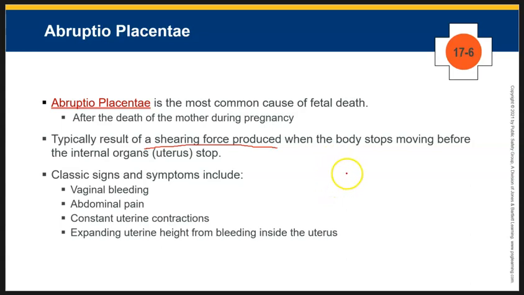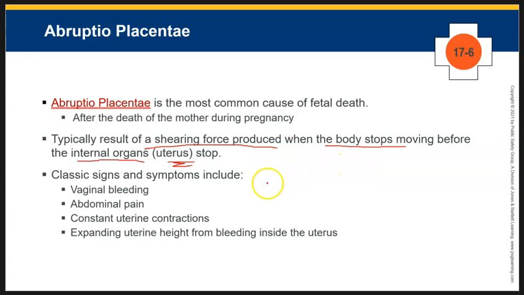We'll move towards the abdomen and the pelvis in the situation of a pregnant woman. And so we get that sudden stop. The body stops moving before the internal organs, and in this case, specifically the uterus. And so what happens is that shearing force basically shears away the placenta from the wall of the uterus.